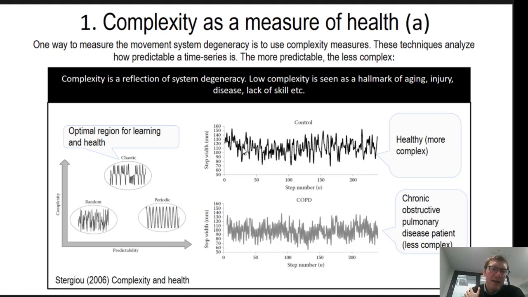Now, if we look at the two signals, and I asked you, okay, which signal is healthy and which one isn't? It's actually not easy to do just by eyeballing it. Just by looking at these two signals, I mean, who knows which is which, right? And so complexity measures allow us to do this sort of complicated work.